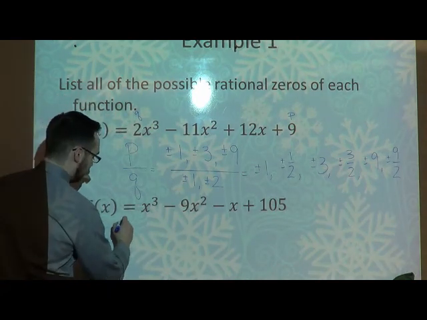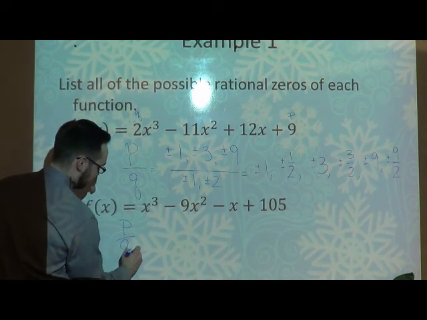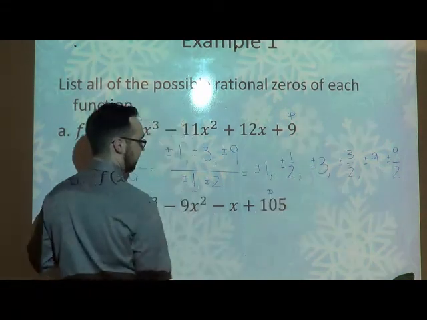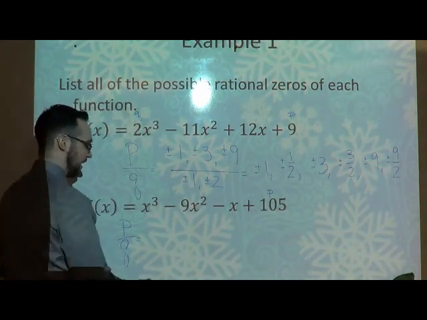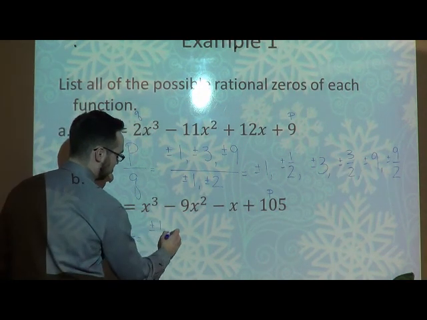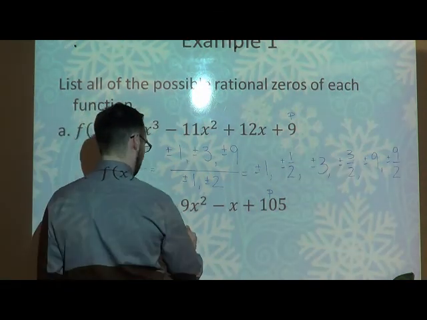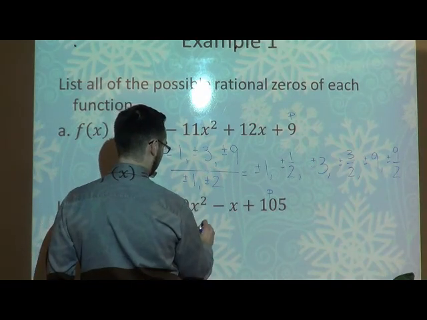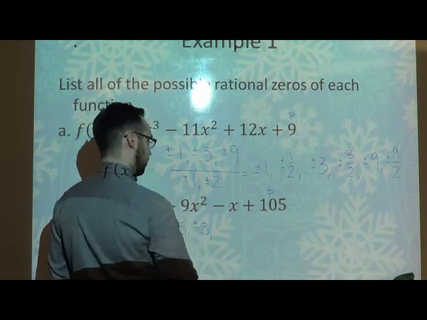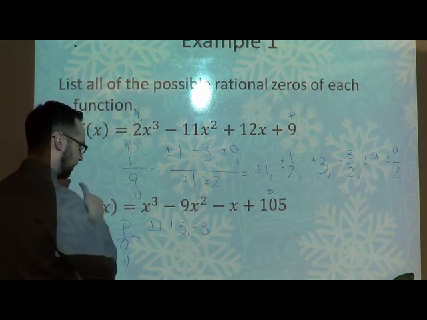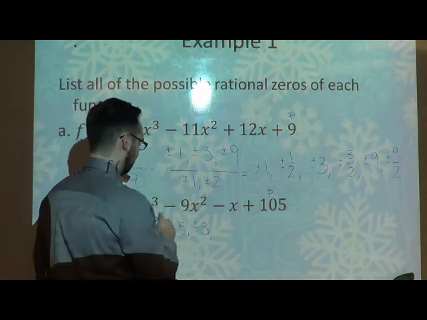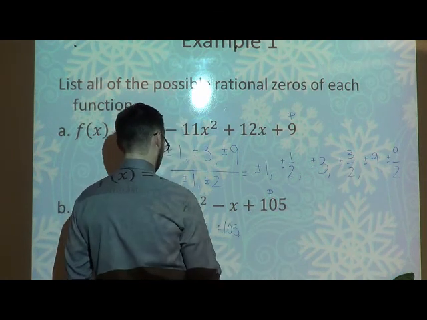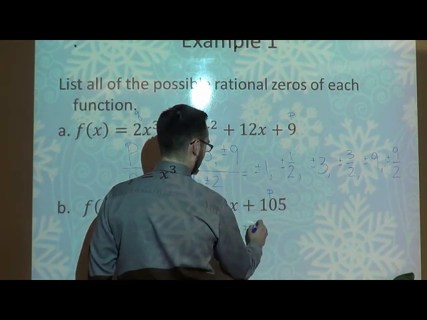Again, p over q. All we're looking at are the factors of the constant. So what are the factors of 105? We have plus or minus 1, plus or minus 5. We also have 3. It's going to be 1 and 105. It's going to be 5 and 21.